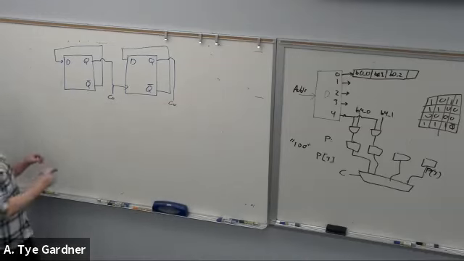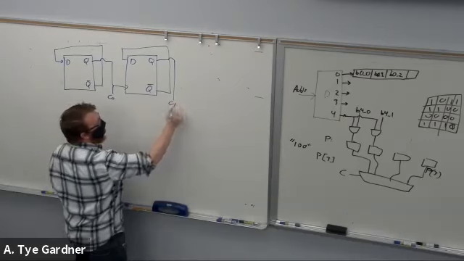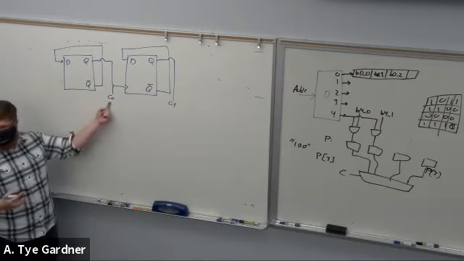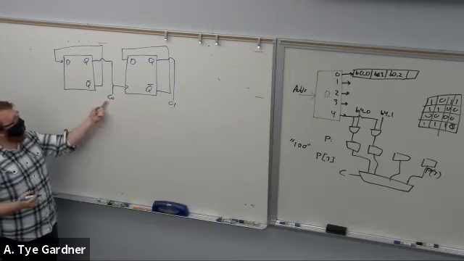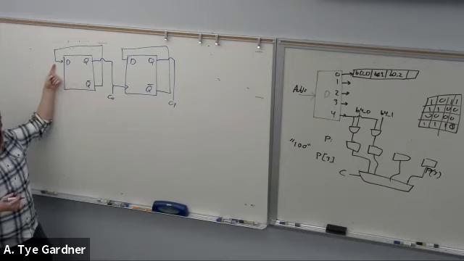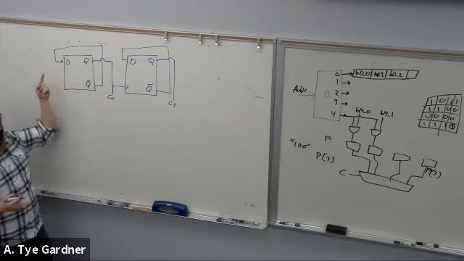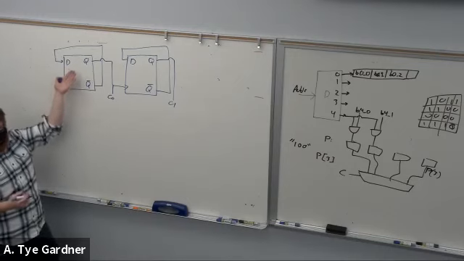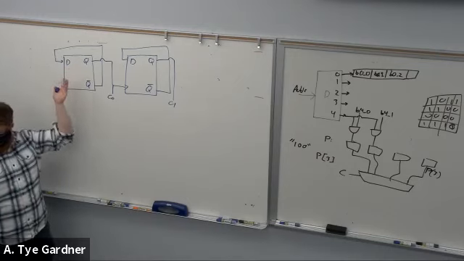Oh, not C0, C1. So if I wanted to make C0 a specific value, I wouldn't intrinsically take Q bar as the next D, right? Because what that's doing is saying toggle: whatever you were, when I get a rising clock, become whatever you weren't.